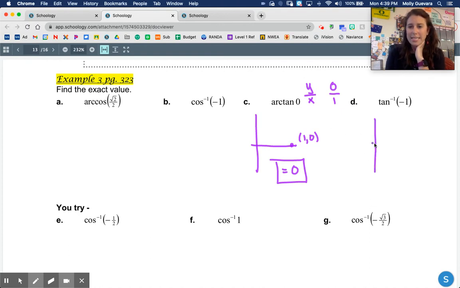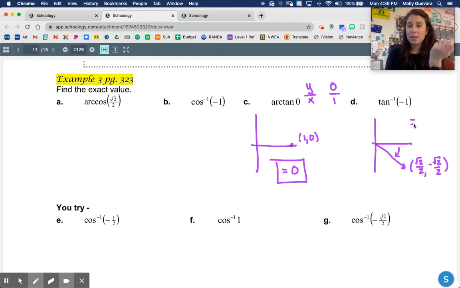For D, it's a negative, so I know it's going to be down here in quadrant 4, and it's 1. So that means that I'm going to divide something by itself. So that leads me here to root 2 over 2, comma, negative root 2 over 2. If I divide those things, I get negative 1. So what angle is this?